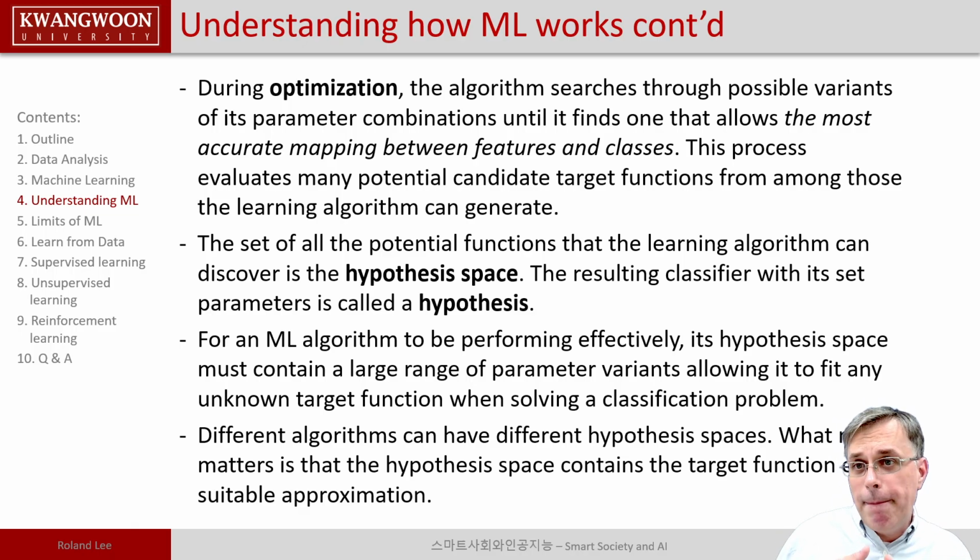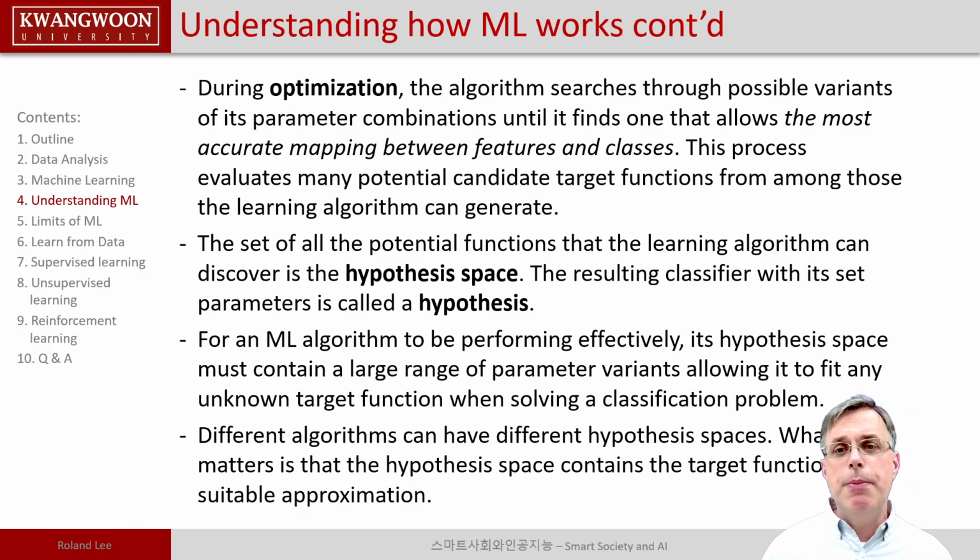Now, for a machine learning algorithm to perform effectively, its hypothesis space must contain a large range of parameter variants, allowing it to fit any unknown target function when solving a classification problem. Different algorithms can have different hypothesis spaces, obviously.